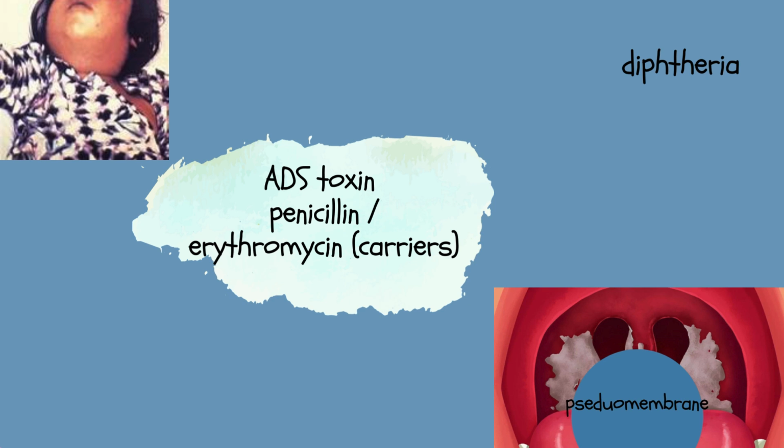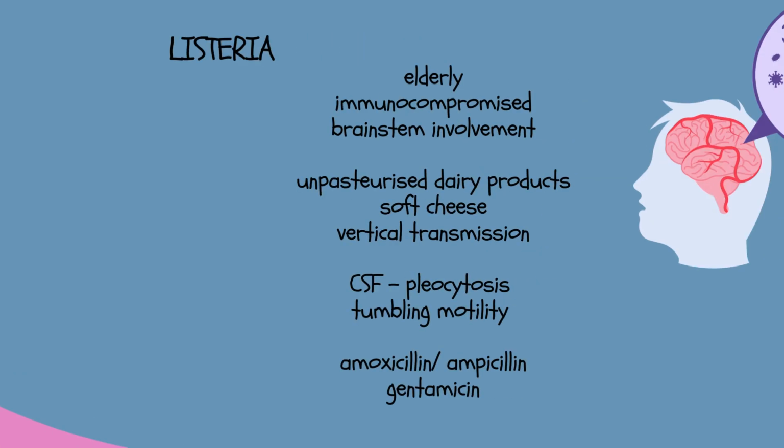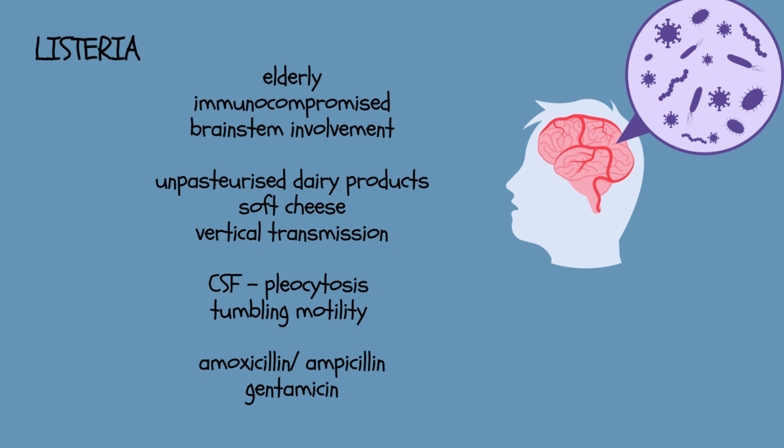It causes pseudomembrane over the tonsil, so it is a causative agent of acute tonsillitis in children. The treatment is ADS, antidiphtheritic serum, and penicillin, and erythromycin is used for the carriers. It also causes a bull neck appearance, so it is a severe form of tonsillitis.